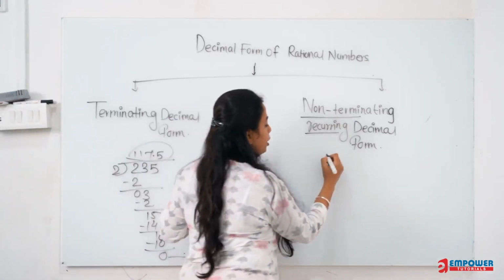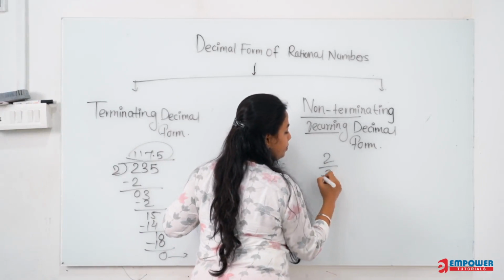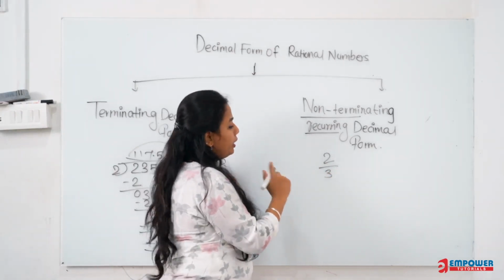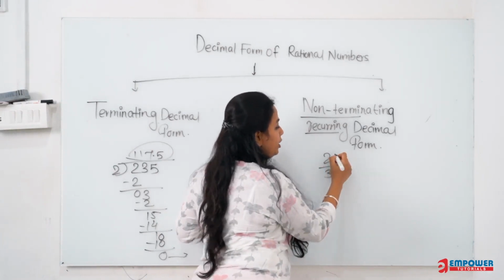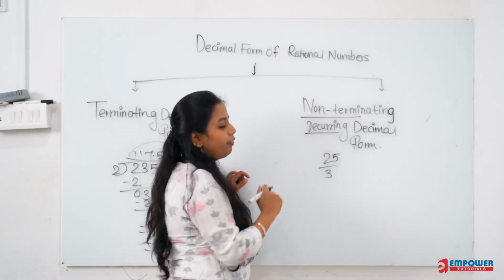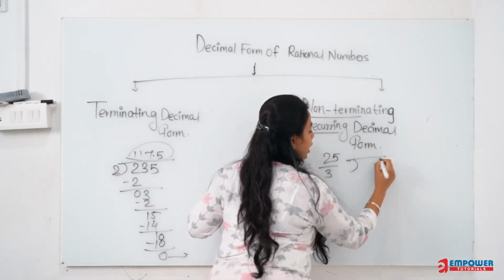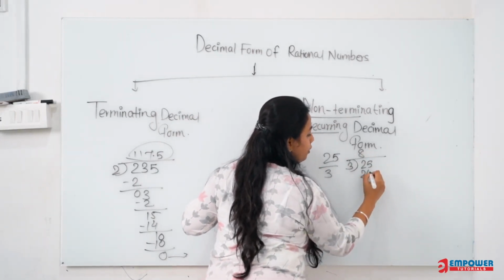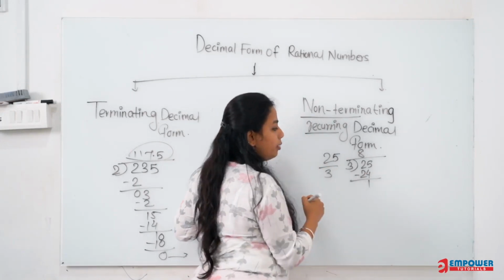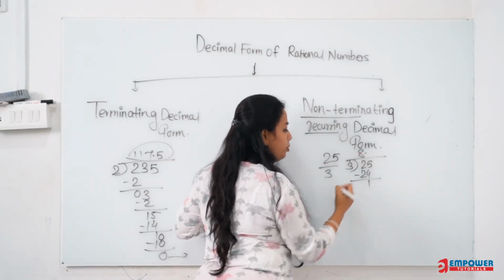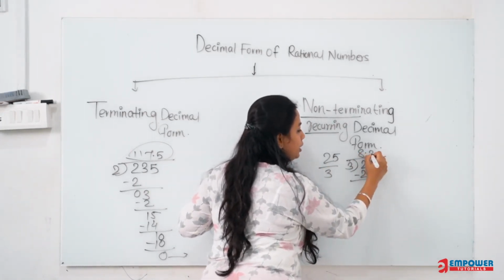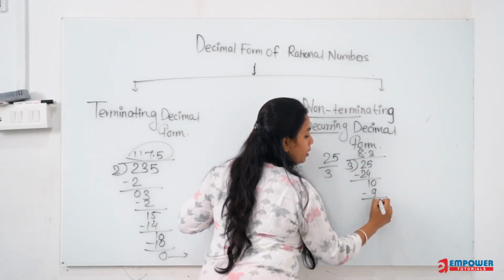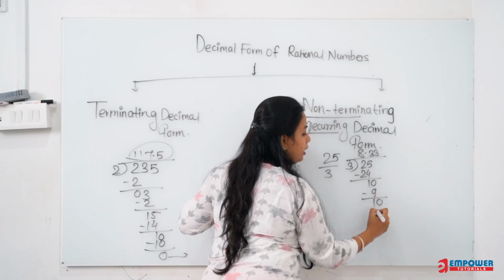But if I am dividing, let's say, 2 by 3, I know 2 is not completely divisible by 3, or let's say 25. We will take 25 by 3. So we will try to divide it by 3. 3 8s are 24. Here I am getting a remainder of 1, so I will add a decimal point over here. Now 3 3s are 9. Again I am getting a remainder of 1, so I will add 0 and divide again.